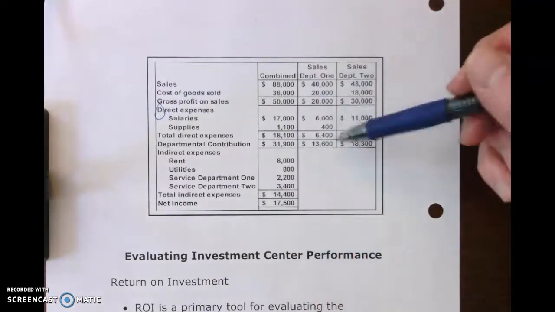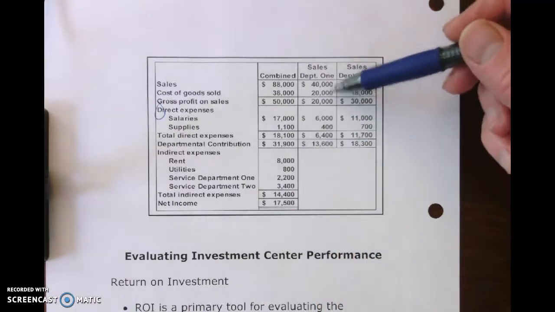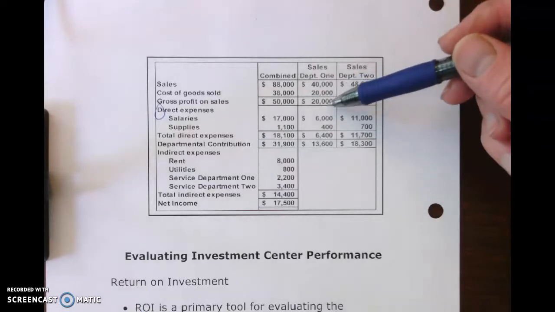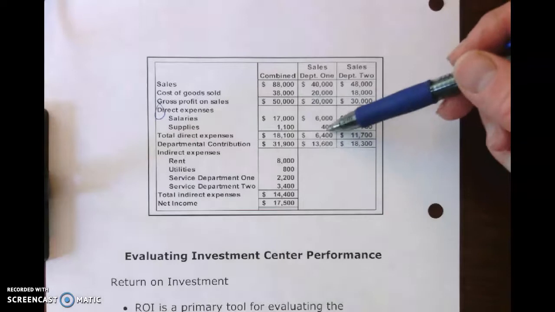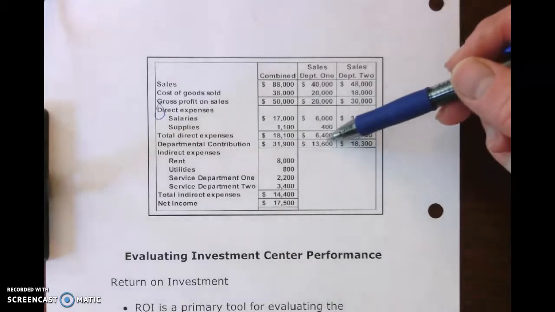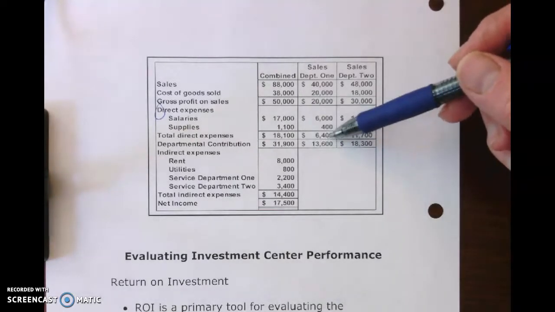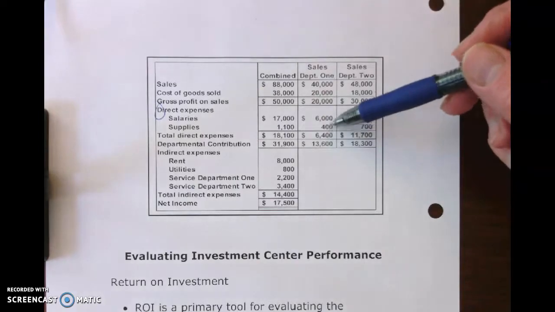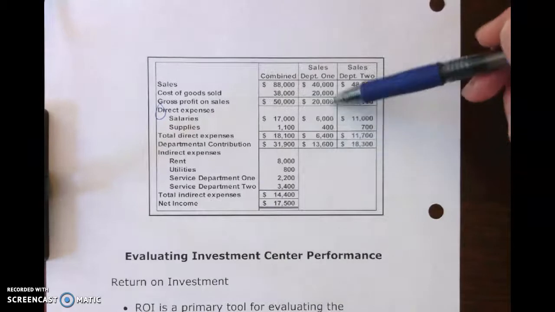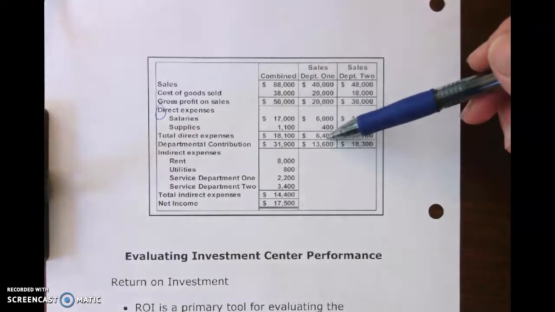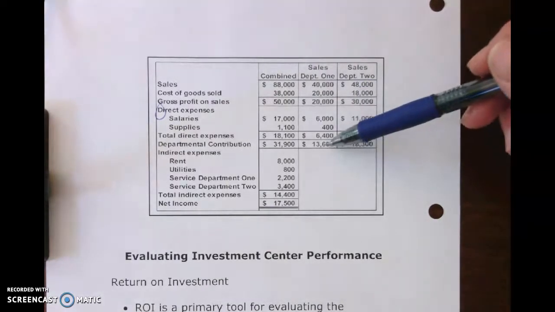The way we get this is we take our sales minus cost of goods sold, which gives us our gross profit. Then less our direct expenses, our other direct expenses. When I used to work, we used to call these ODCs, other direct costs. We have our total direct expenses, so we take our gross profit minus our total direct expenses, and this is our departmental contribution to overhead.